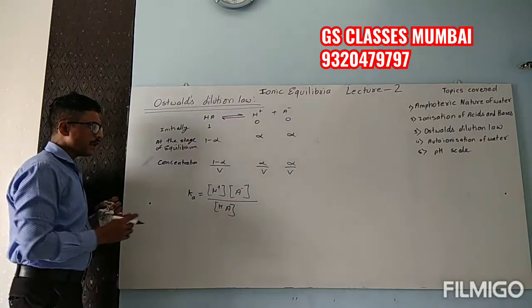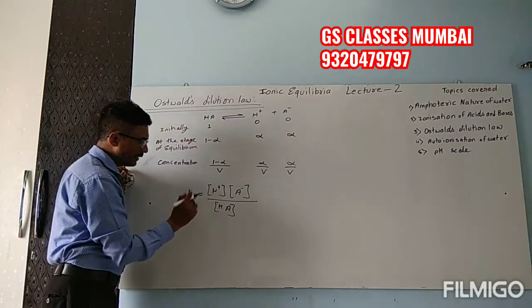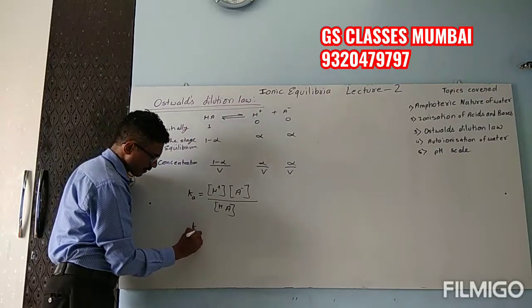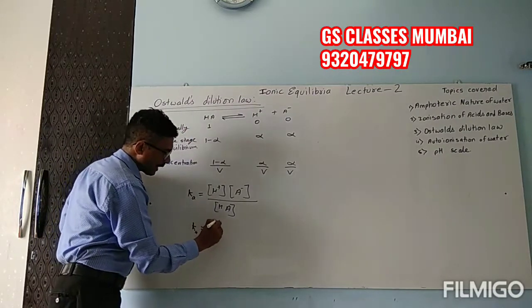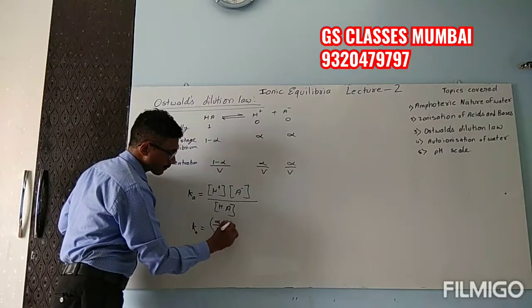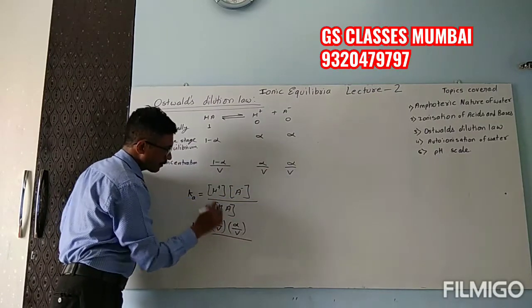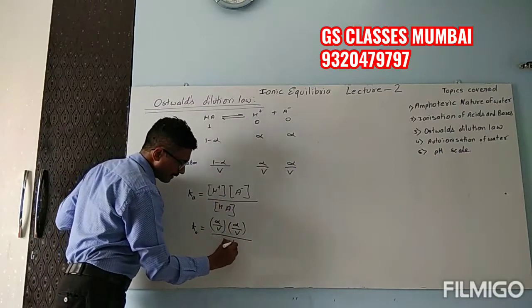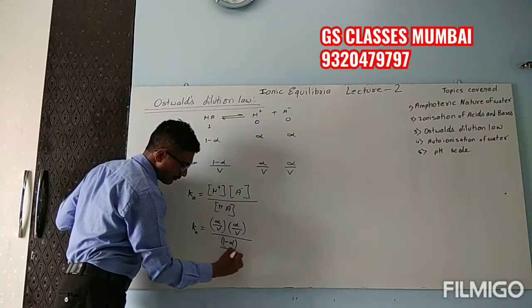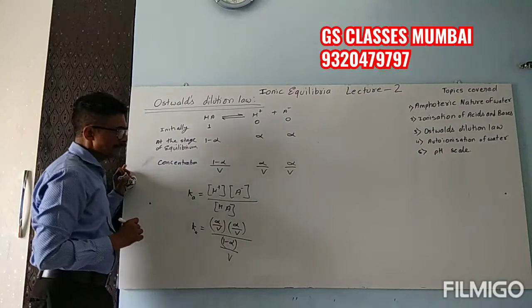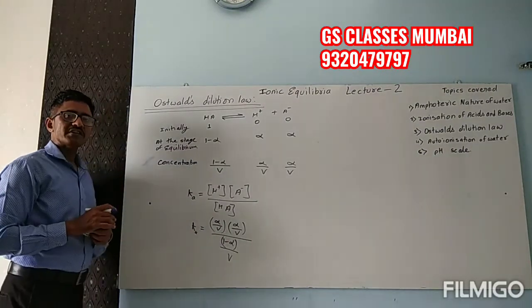Now we will put their values. So Ka is going to be alpha upon V, again alpha upon V, divided by 1 minus alpha upon V. Simply I am putting their concentration values.